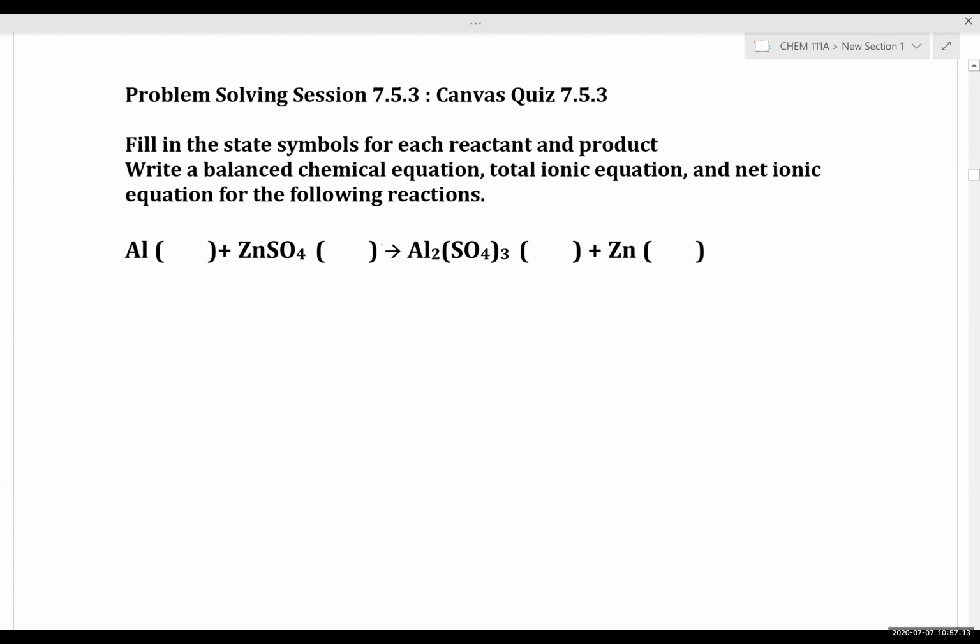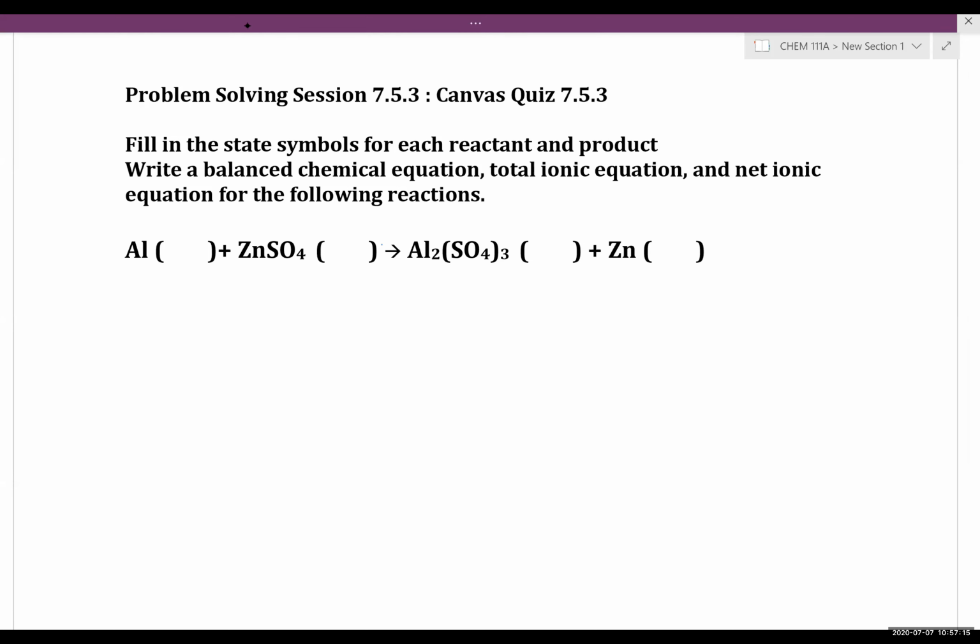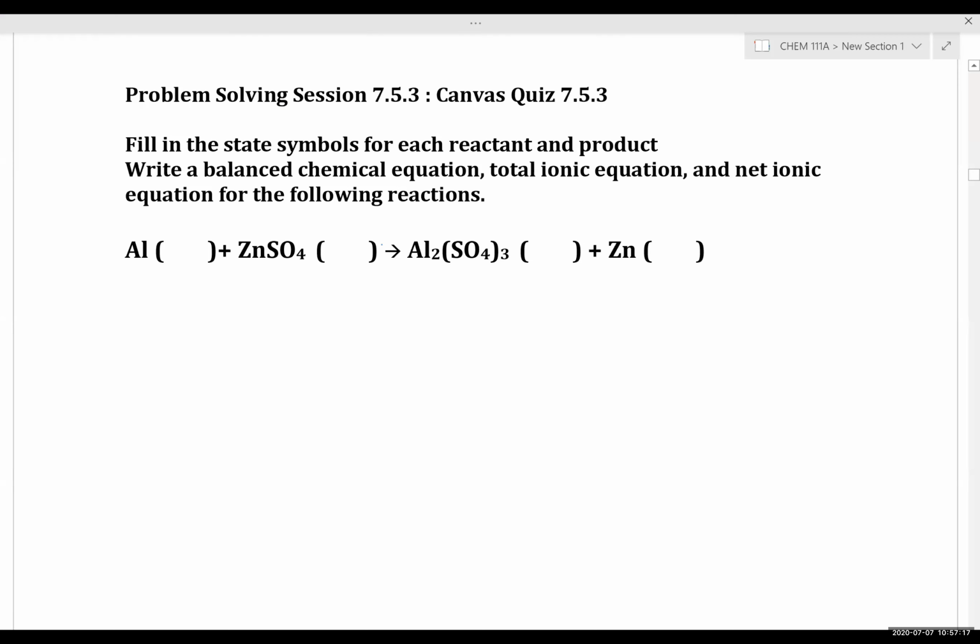So let's discuss our state symbol assignments. So aluminum, which is a pure element, what state symbol do we put for aluminum? Solid, yep.